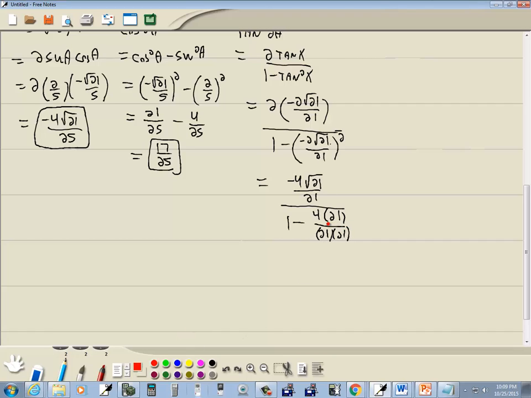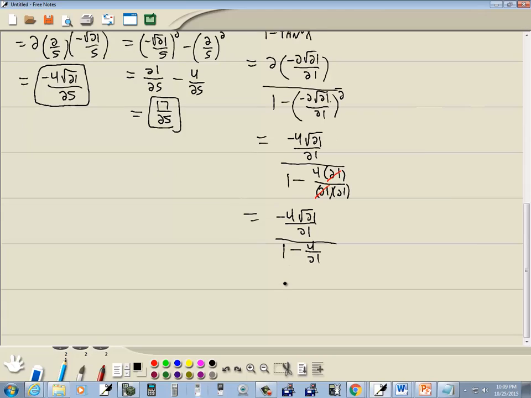The reason why I left it in that form is I looked ahead and I saw that this is going to cancel with that. So we got negative 4 square root of 21 over 21 over 1 minus 4 over 21. Now the main simplifying I see right here is I cannot have a fraction inside of a fraction. So I multiply everything by the LCM of all our inner denominators. The 21s here would be our inner denominators. So I'll multiply everything by 21.